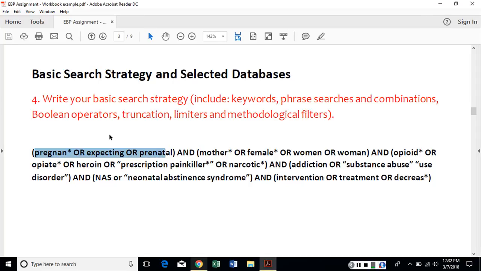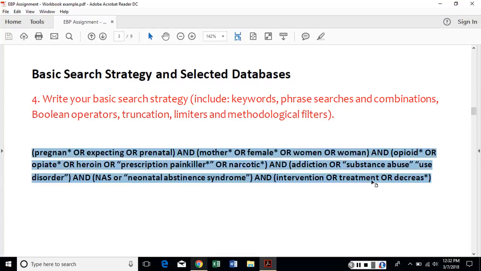Some articles might say pregnant, some might say expecting, some might say prenatal, but we want them to be one of those. This is another set of synonyms: opiate, heroin, narcotics. So we're including synonyms together using the OR. It's linking them as OR, saying that if the article has opiate or heroin or narcotic, please pull it. We want to make sure that it's pulling all of these different words, okay?